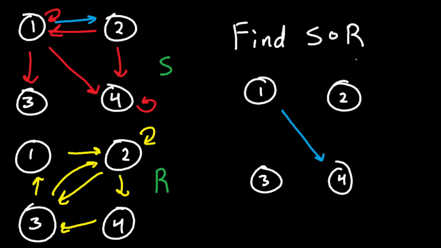So what's that composition? That composition is 1 to 1, right? So we went from 1 to 2, 1 to 2, and then we went back to 1, given this arrow. So this is our composition for this arrow, and it's done.